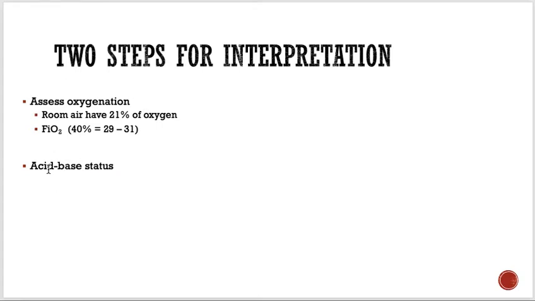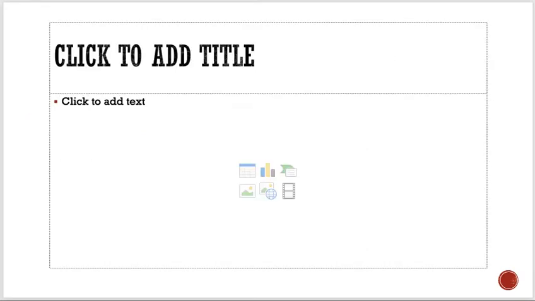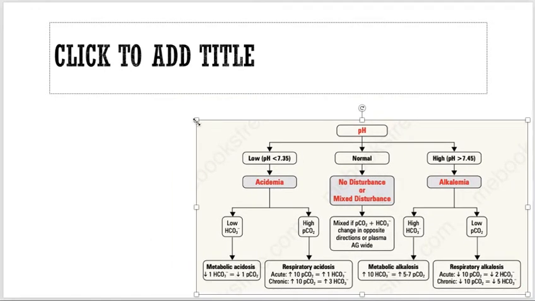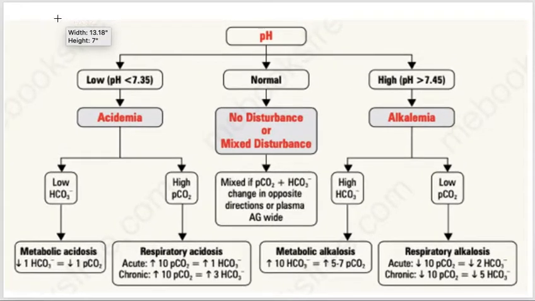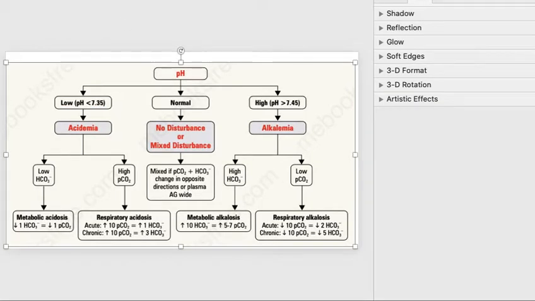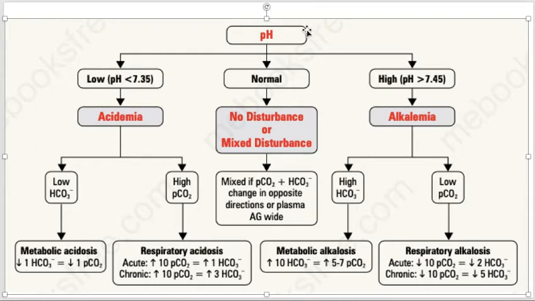In the acid base determination, first of all you will look for pH, right? For example, I will include one slide, quite simple, quite easy to understand. Whenever we are going to interpret any acid base status, the first thing we do is check the pH, right?